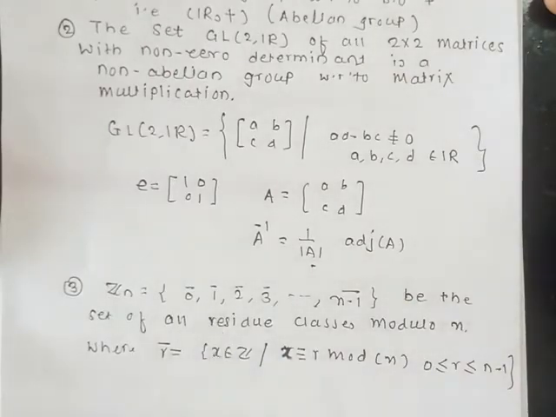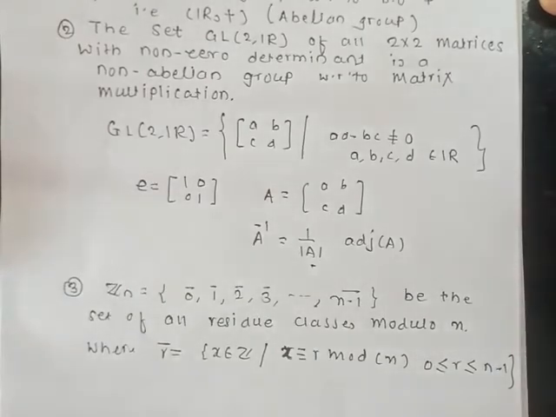So 0 bar is nothing but 0, n, 2n, 3n, 4n, 5n and so on.